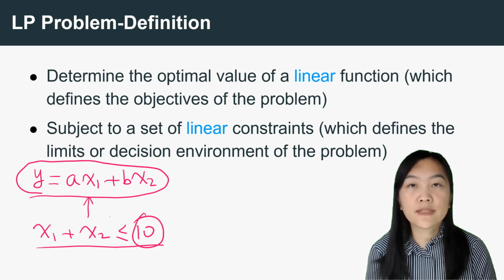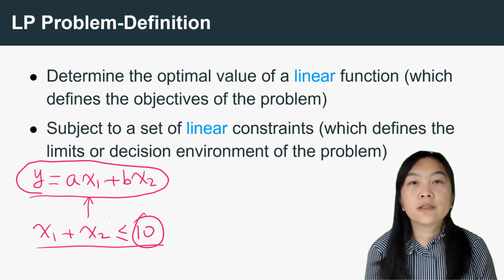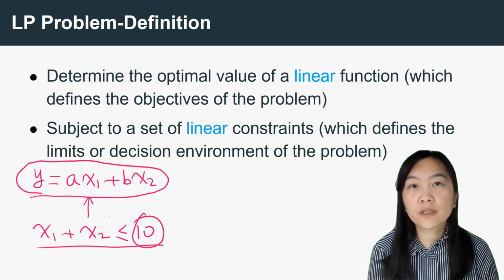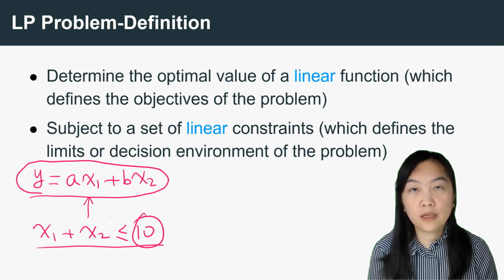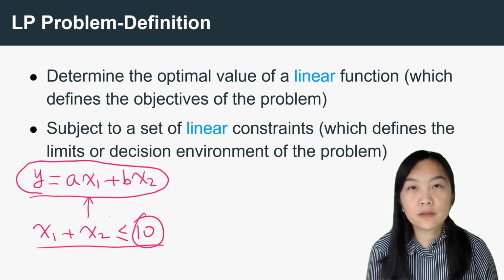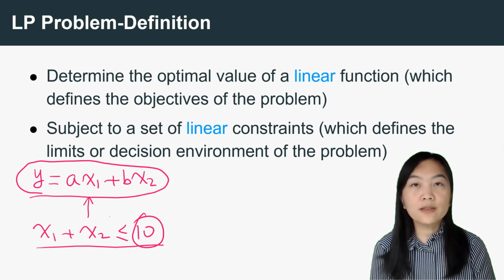Before, we saw nonlinear forms in both the objective function and the constraint. Here in the linear programming problem, the functional forms are simpler, so they are linear. However, we might have more constraints.